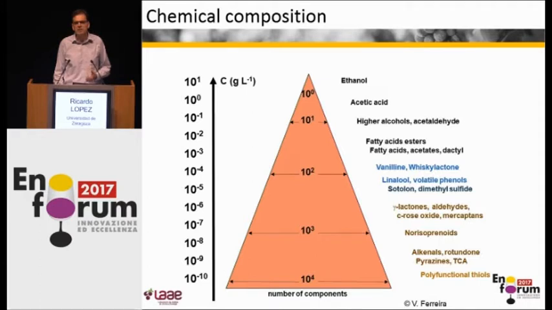The important thing here is that a compound is not more important for the aroma of wine because it is in a higher concentration. We have to take into account its odor threshold in the wine so that we can understand its role.